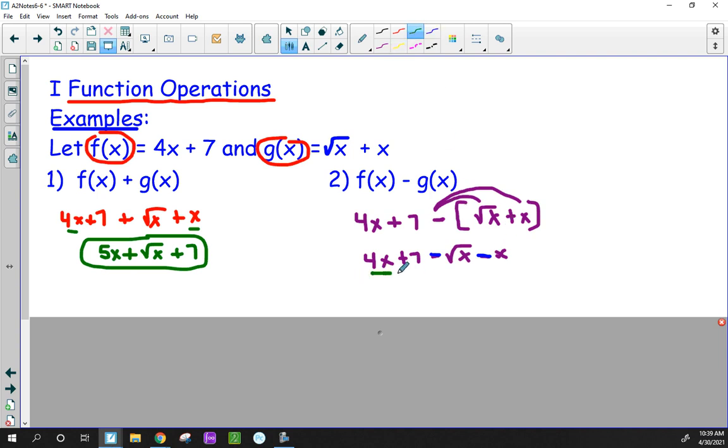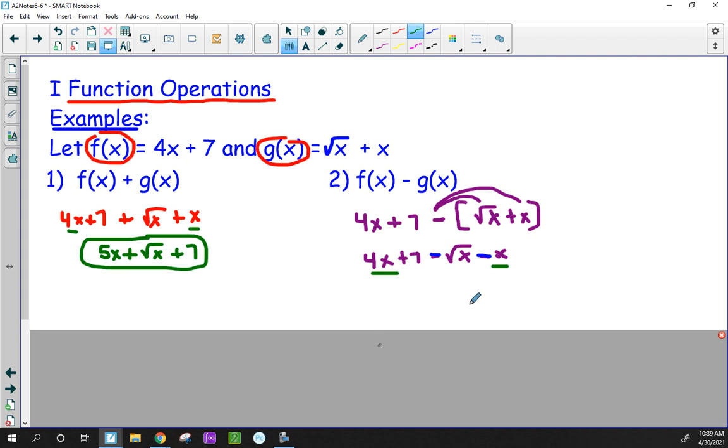Next, you're looking for like terms. The ones I've underlined have the same variable and power. 4x minus 1x is 3x. You'll drop your radical term down, and then I'm going to choose to put the constant number at the end of my answer. And so this is the difference, or the answer to the subtraction problem. Notice how different these answers are.